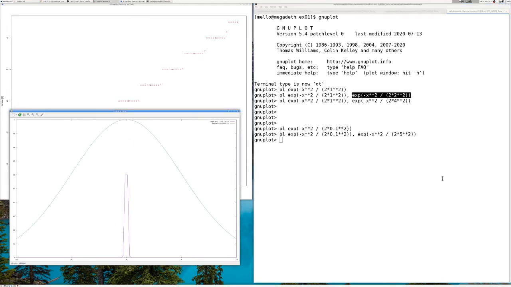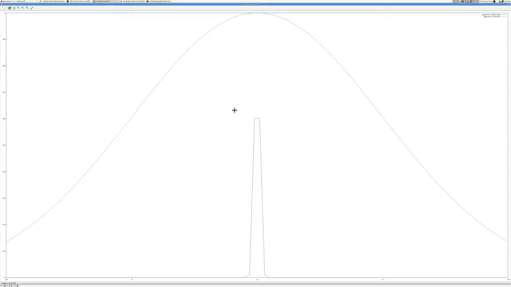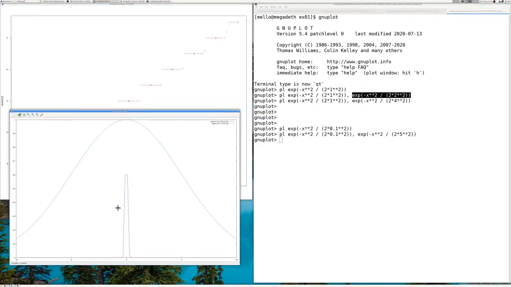Take a look. What's the comparison of a sigma equal to 5 and a sigma equal to 0.1? Guys, this goes up to here, but it's not plotted because GNU-plot has a resolution problem, okay?